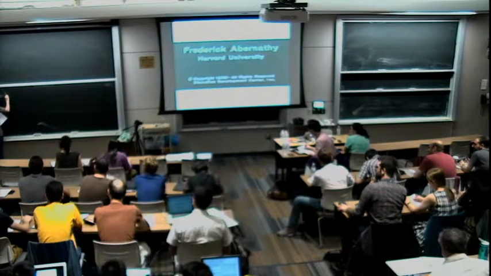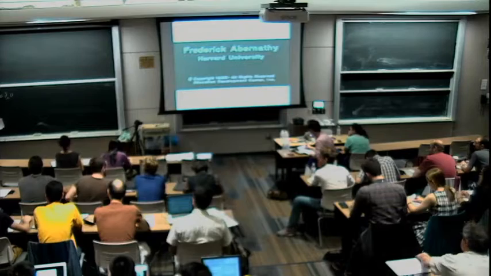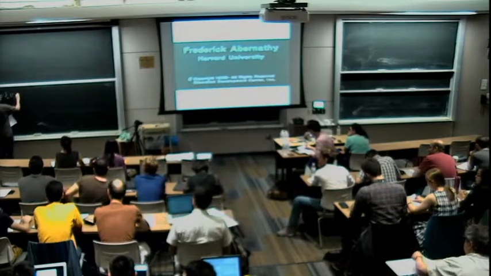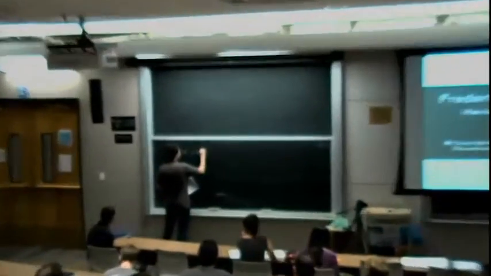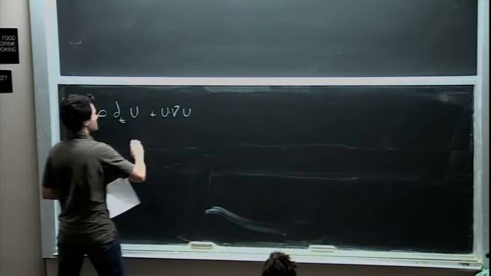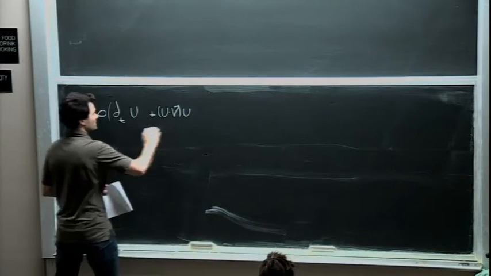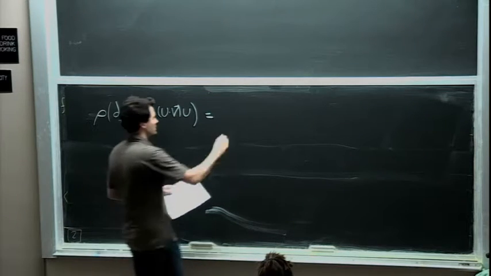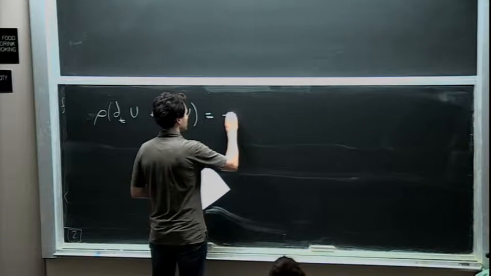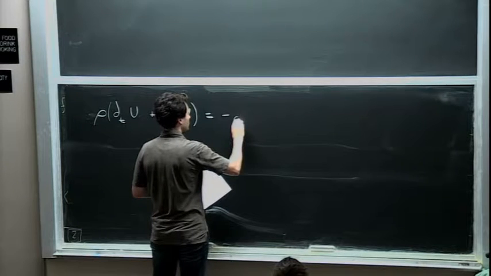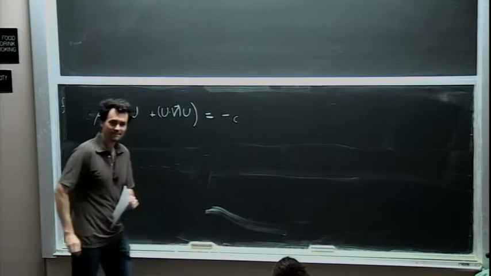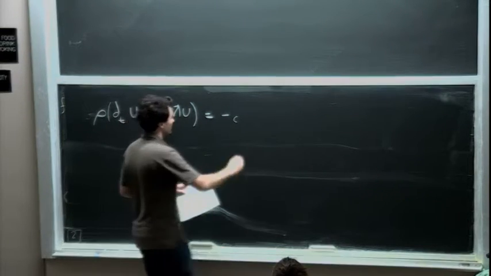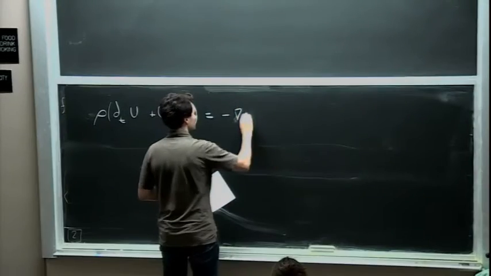So we have a density multiplied by a derivative of a velocity. And then we have a term that looks like this. So what term? The pressure, the gradient of pressure. Gradient of pressure, good.